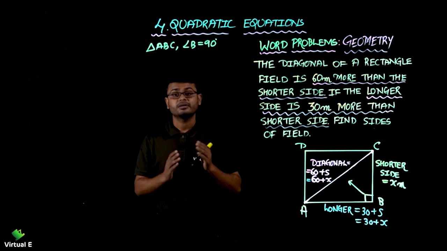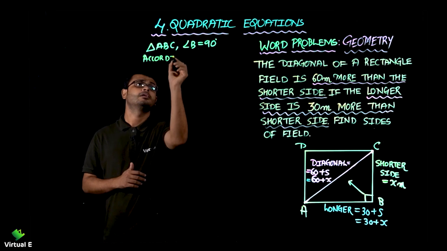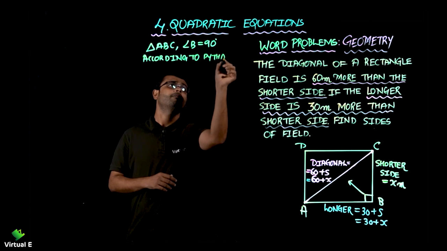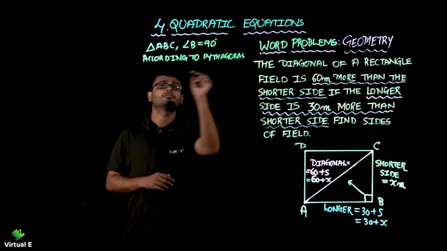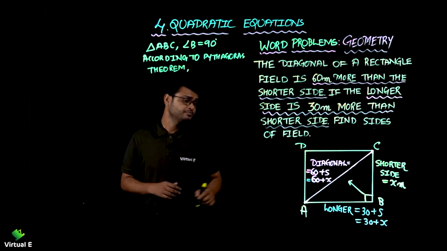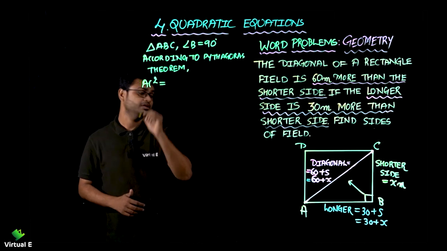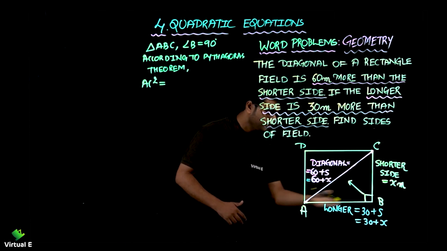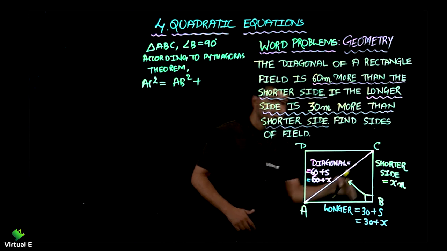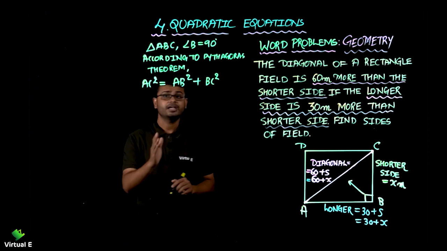According to the Pythagoras theorem, I'm going to start with the hypotenuse square: AC square is equal to base square, AB square, plus height square, BC square. This is our basic idea for the quadratic equation.